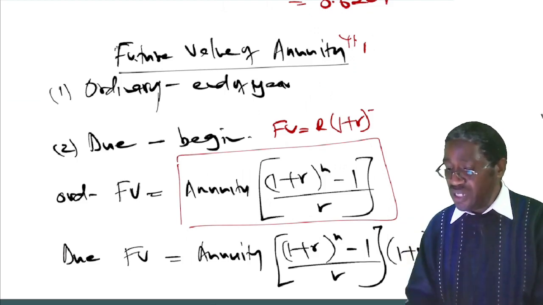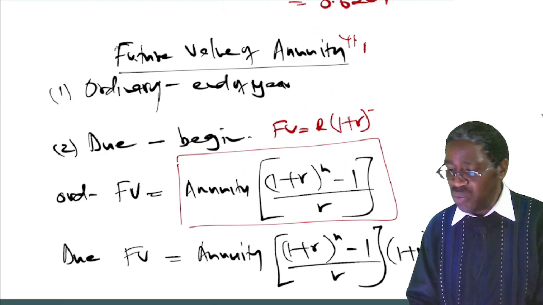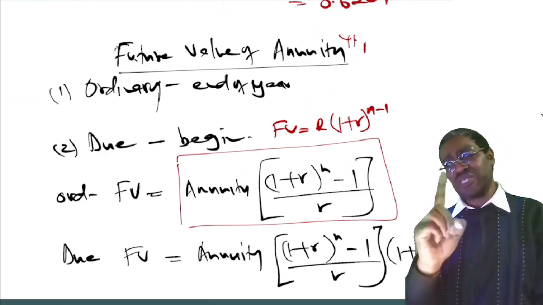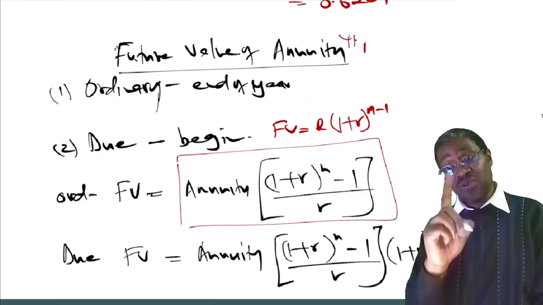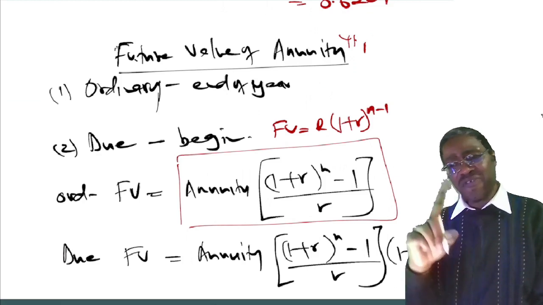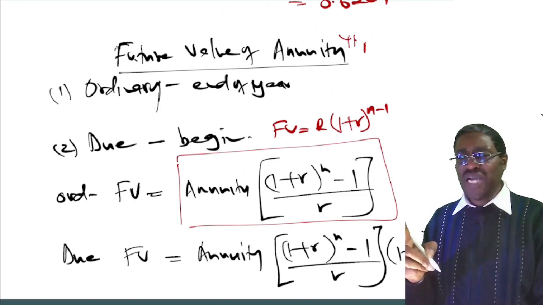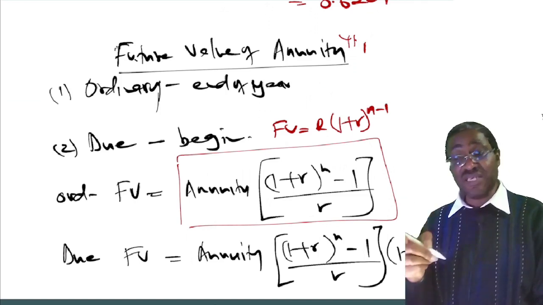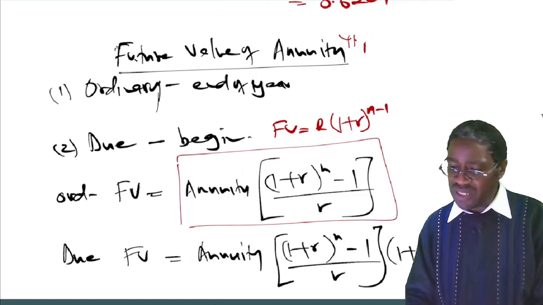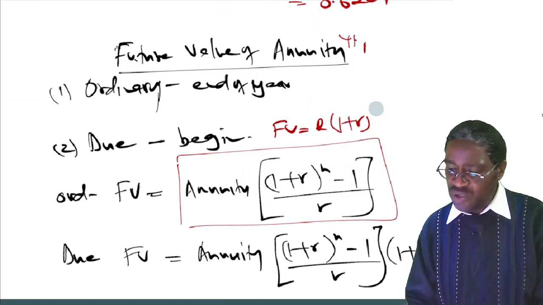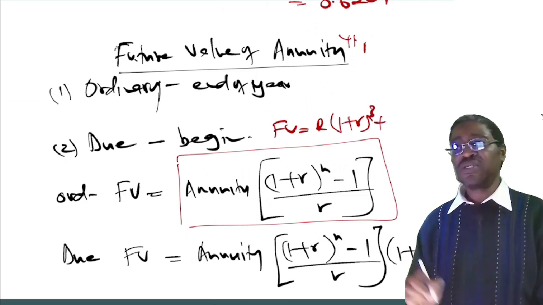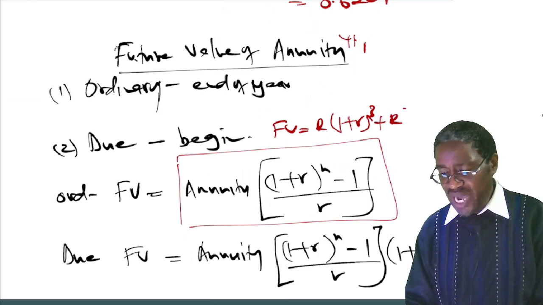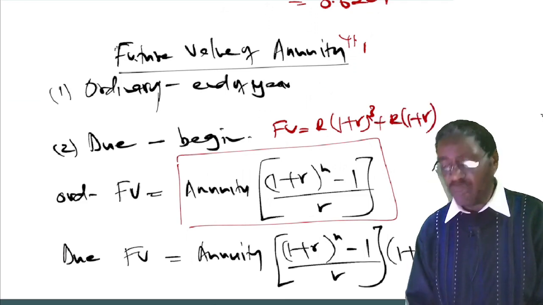So we said your power there will be n minus 1 because you are investing for 4 years, but in the first year you will not earn interest because you are investing at the end. Which is the same as saying your first year you will only earn interest for 3 years. Plus, R again, 1 plus R to the power of n.